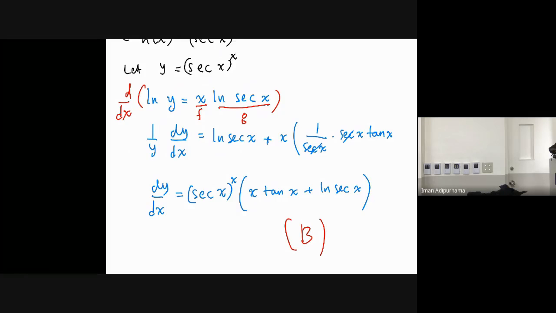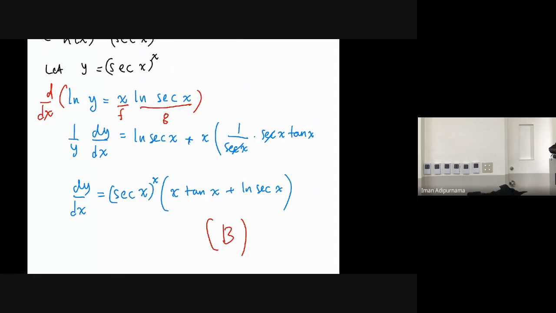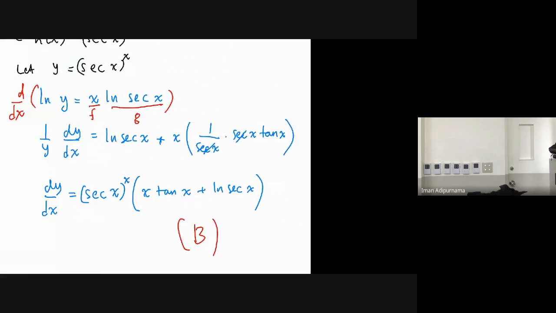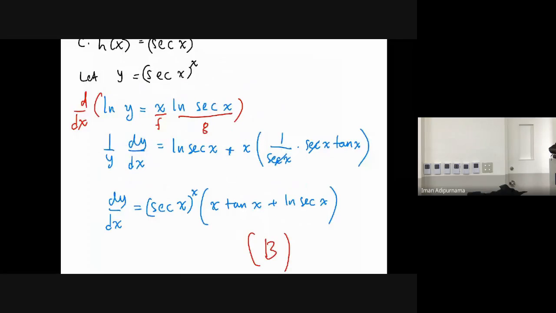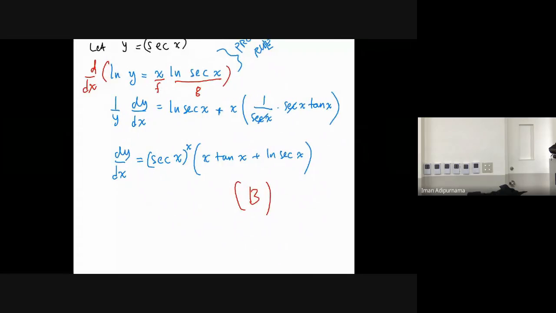So ln y will give 1 over y dy/dx, and this whole thing should be the product rule. This also uses the product rule. So you get the answer is b, secant x to the x, times x tangent x plus ln secant x.